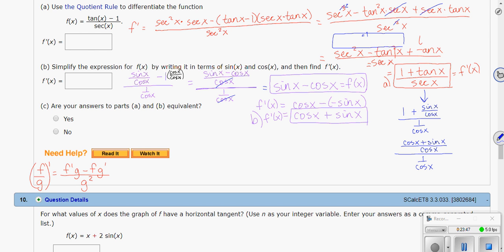Well, again, these are going to cancel. So all that's going to do is leave me with cosine x plus sine x. Are those the same? They are. So this is a big fat yes.